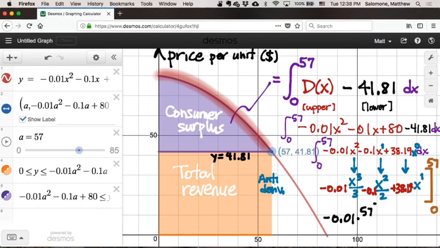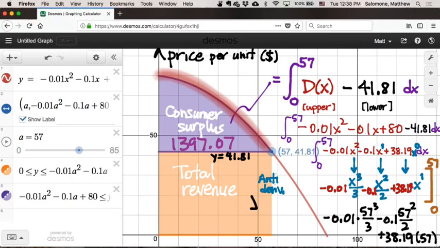Times 57 cubed over 3 minus 0.1 times 57 squared over 2 plus 38.19 times 57. So we do out all the arithmetic and find out that that number was 1397.07.